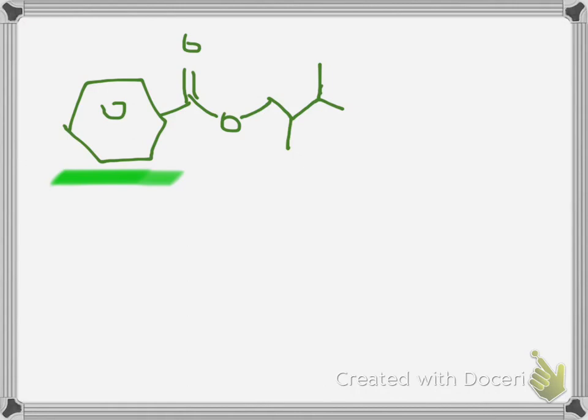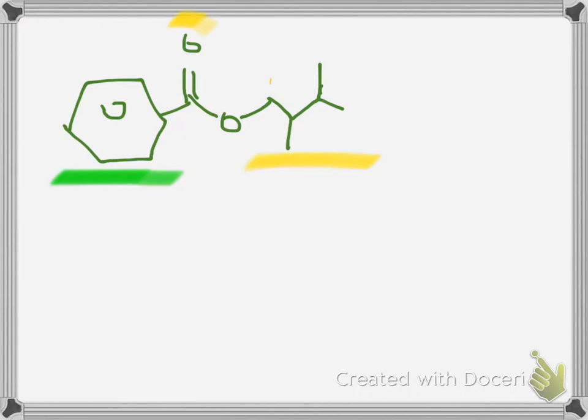Or is the side on the right the alkyl side? Because we want to name the alkyl side first. It's right. It is the side on the right because it does not have the carbonyl group. Okay? So let's go ahead and let's name the alkyl group.